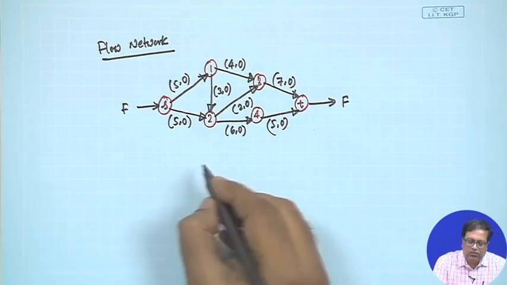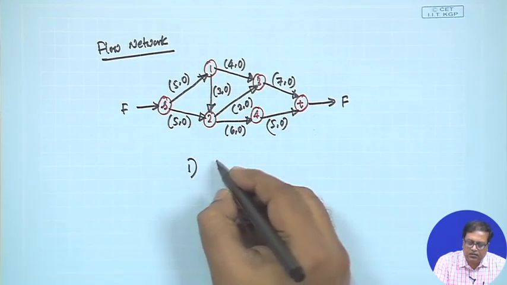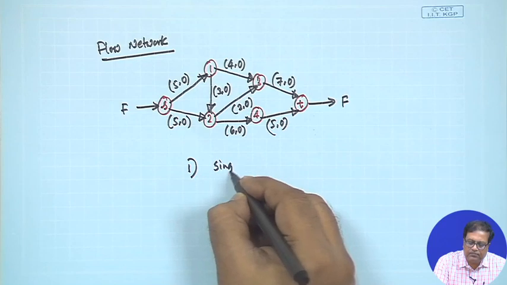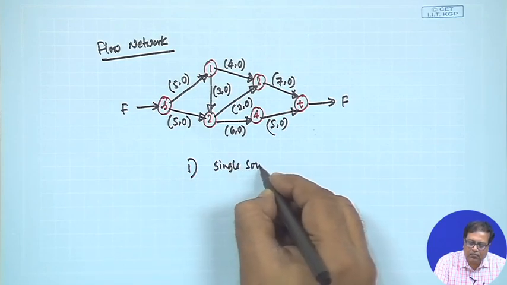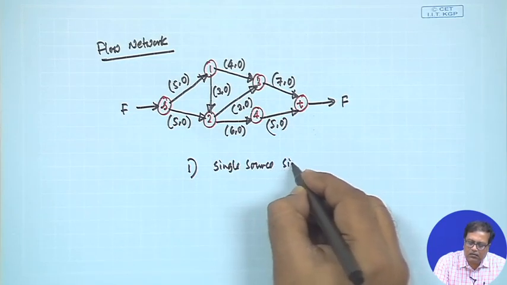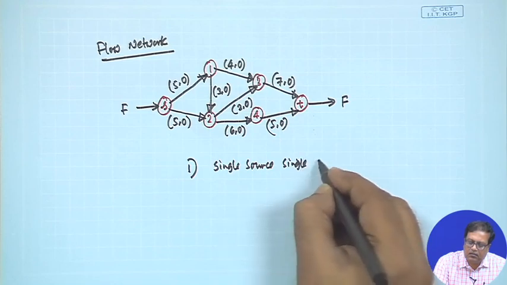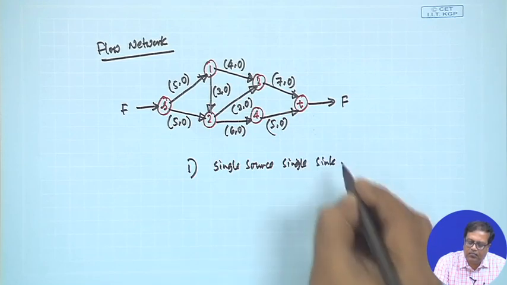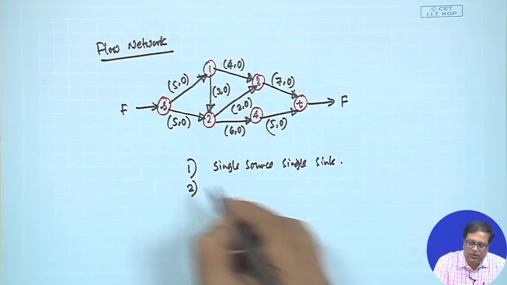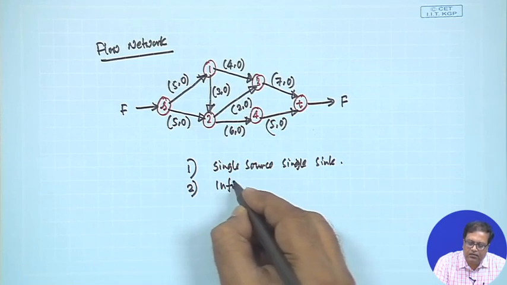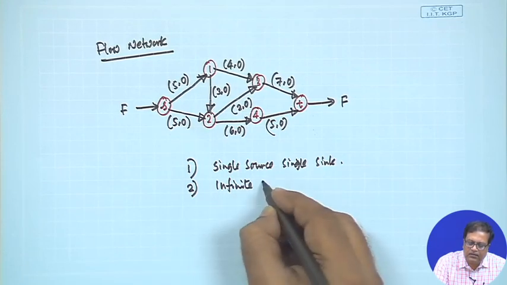Right. So, what are those assumptions? Single source, single sink. Second assumption, infinite node capacities.